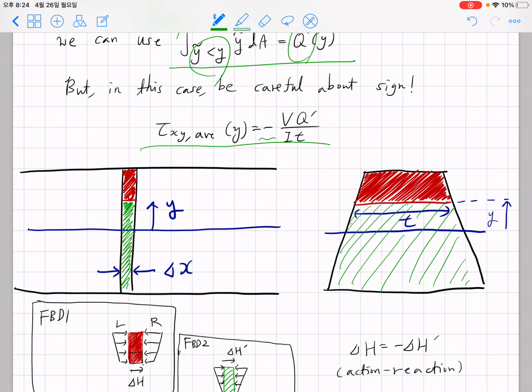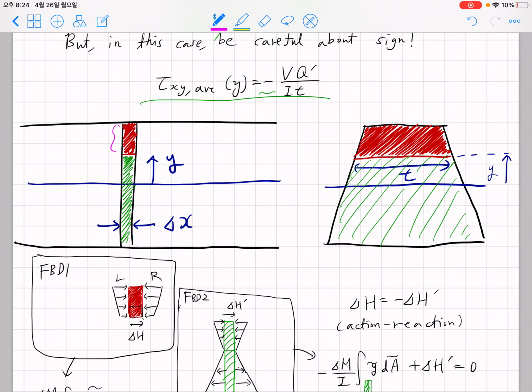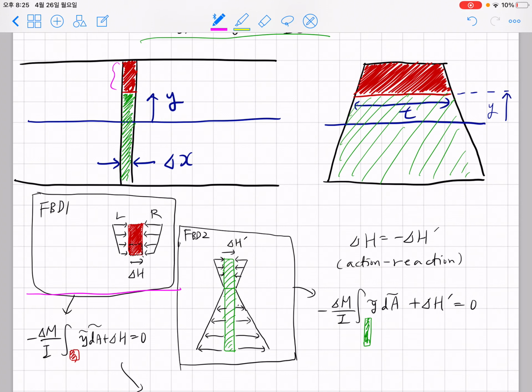Okay, so previously what we have done was we considered volume at the top. This is the free body diagram that we considered in previous lecture and previous page. Instead of this, what you can do is take this bottom and try to draw free body diagram. Okay, so whether you consider free body diagram 1 or free body diagram 2, they have to result in same result.